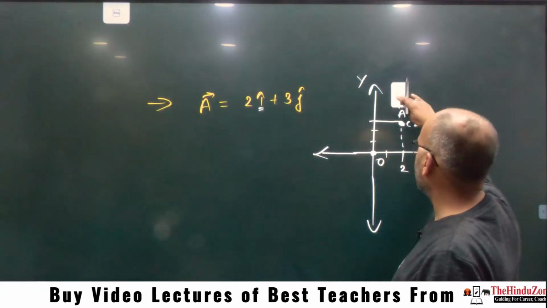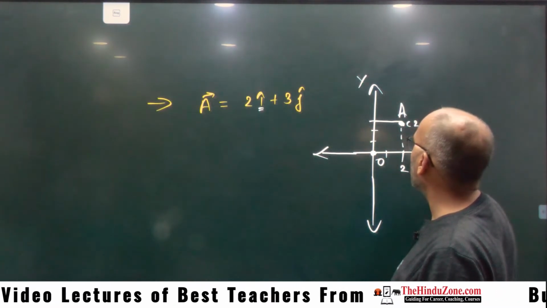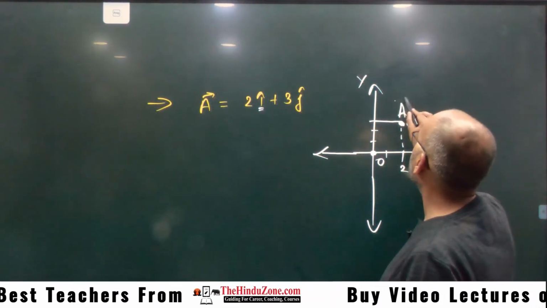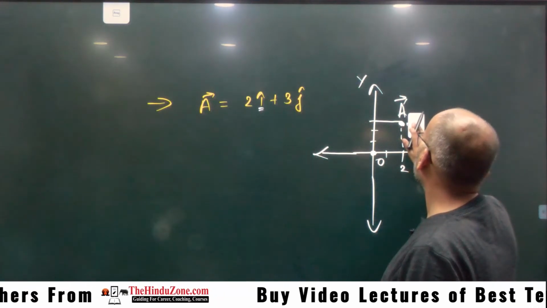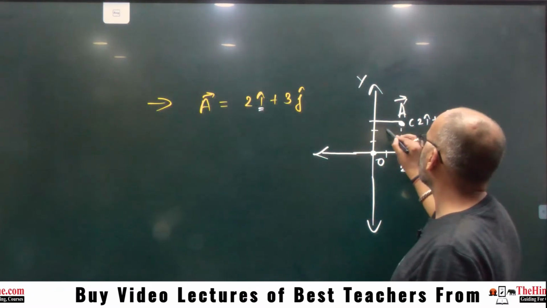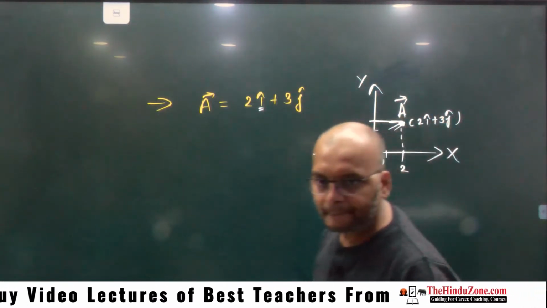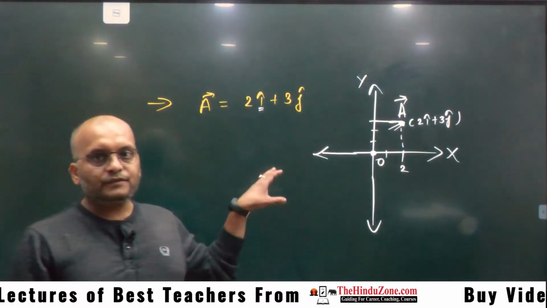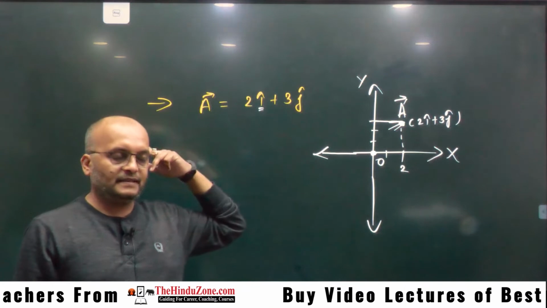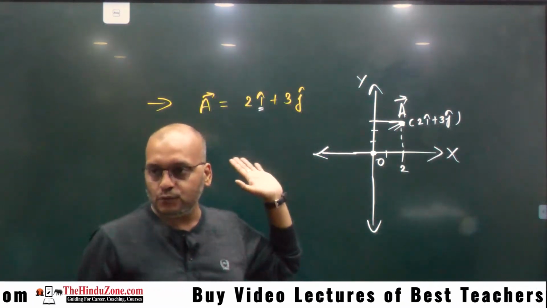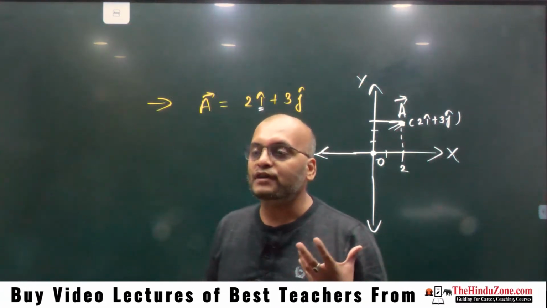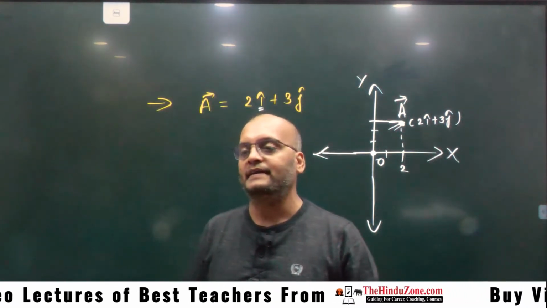This is point A. And if you represent it in the form of a vector, then it will become 2i plus 3j. And this will be something like this. Okay? So these numerical values along i and j cap, they are just the coordinates to represent the position of a vector.